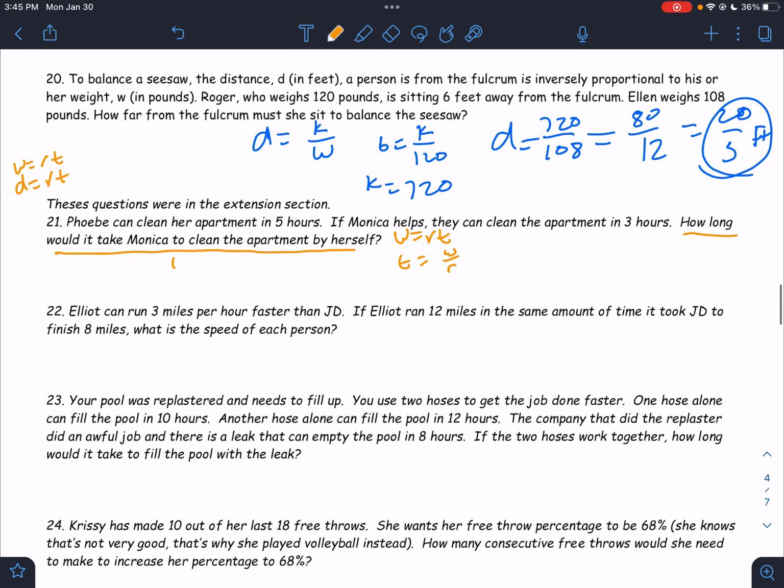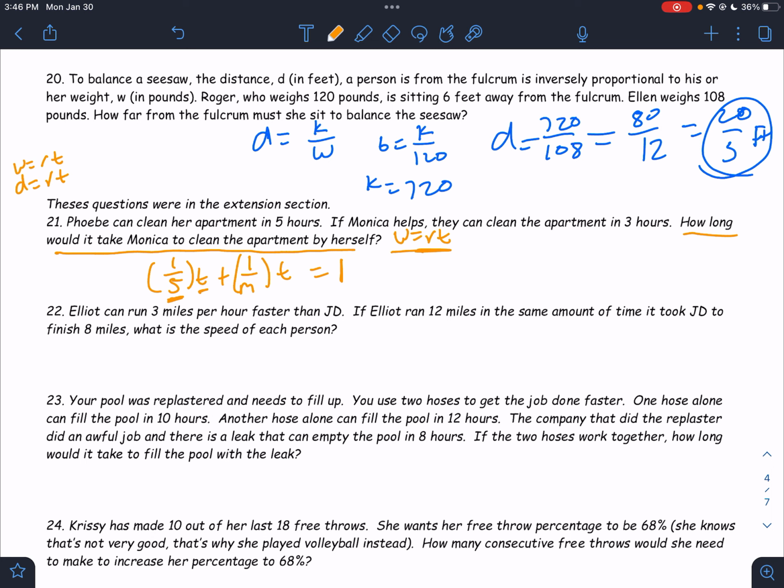So 1 job every 5 hours for Phoebe. 1 job every, we don't know, call it M for Monica. That's the rate times time, and we know that equals 1 job. So I'm actually just going with this. It's rate, one job every 5 hours times how long?